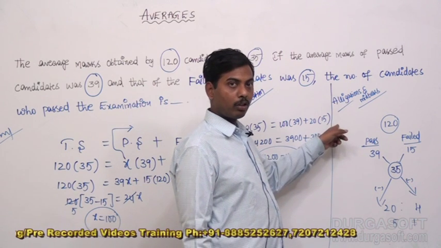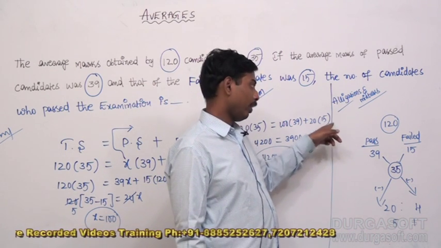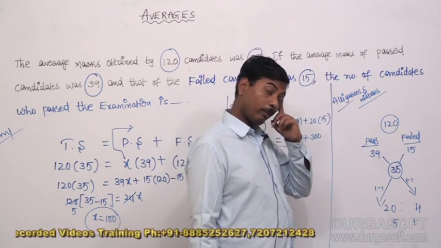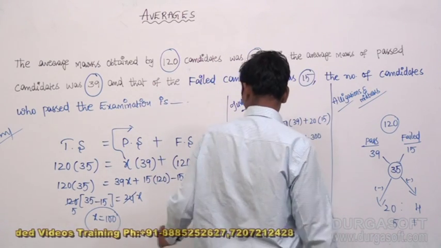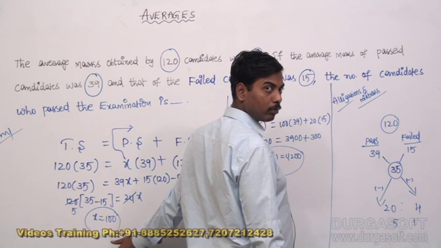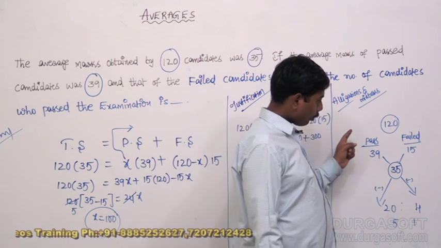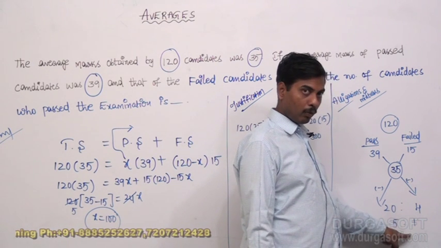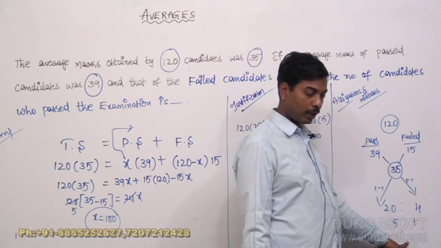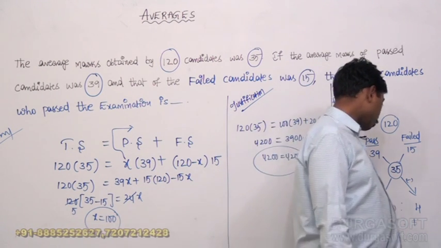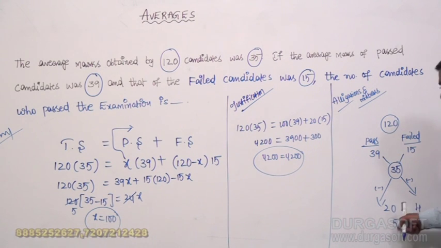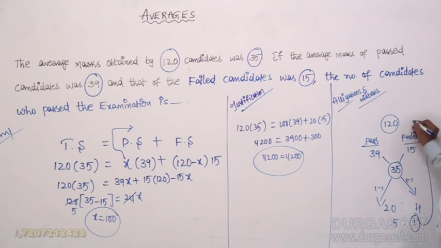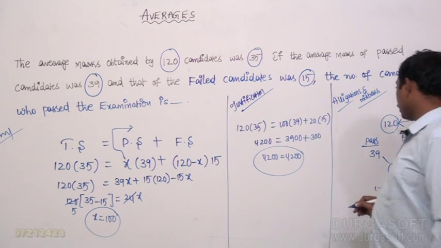So this is how the allegation method is done. Total how many parts of students passed? 5 parts of the students passed the examination and 1 part failed.